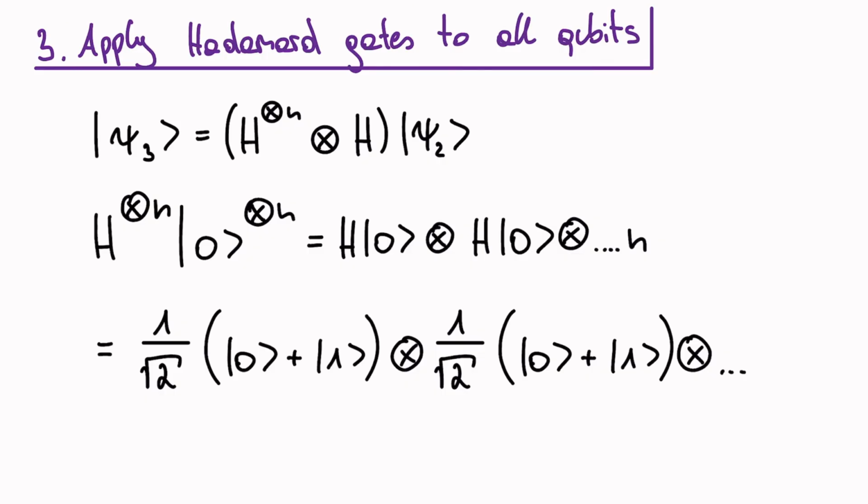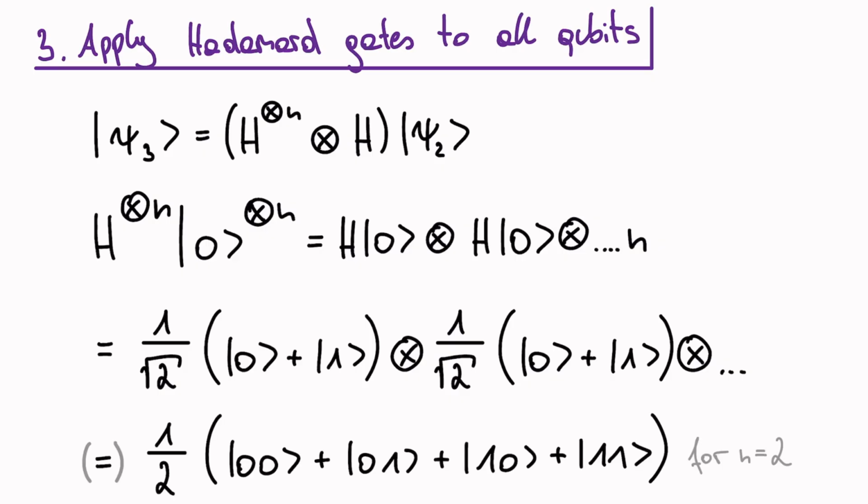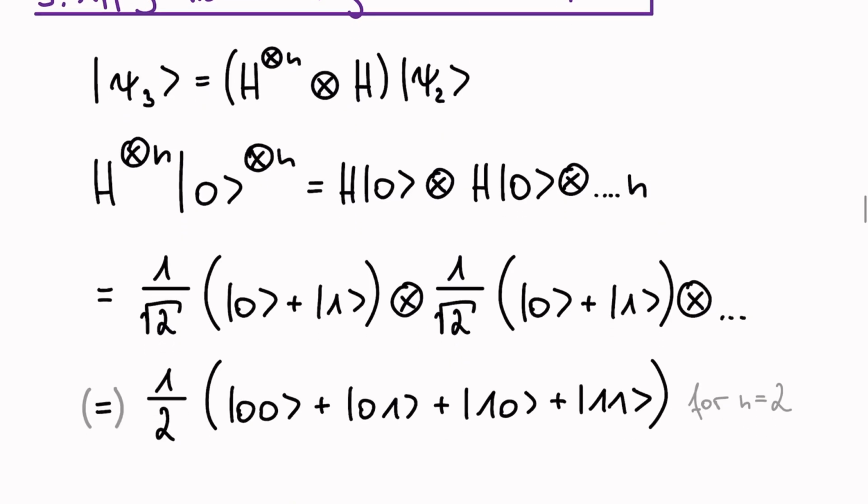If we multiply those together as required by the tensor product, we get 1 divided by 2 times the sum of |00⟩, |01⟩, |10⟩, and |11⟩. That's a superposition over all possible combinations of the two input qubits. We can now write this more compactly using summation notation.